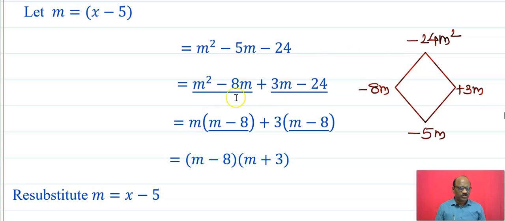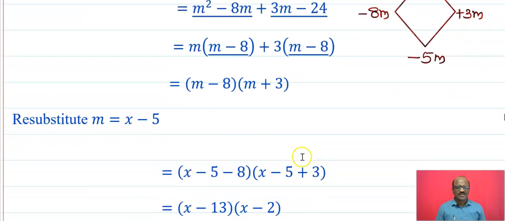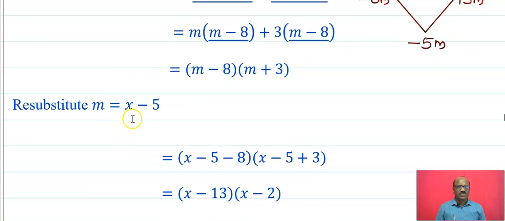Again we take common from these two: m is common, then in bracket m minus 8. From these two, 3 is common, and since the bracket has the same terms, we can adjust so that after taking 3 common, m minus 8 remains in the bracket. Again take the common from these two, that is m minus 8 is common, and in the next bracket m plus 3. Therefore, now m is again replaced by x minus 5.